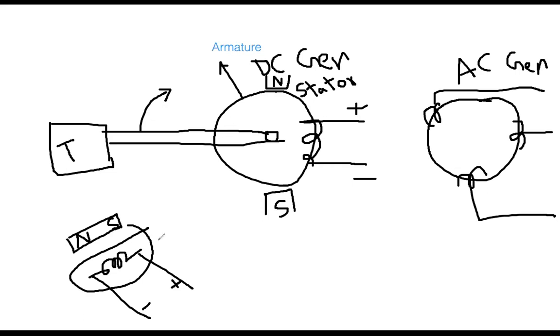Now based on that, come back here. In the case of the DC generator, typically this stator body, on which the coils are placed, is rotated with the help of the turbine. For example, this is rotating at 900 rpm, just an example.